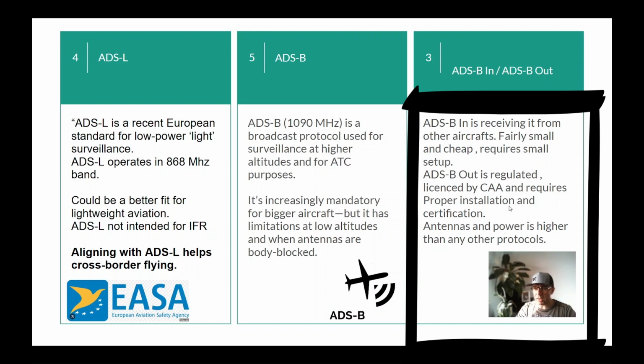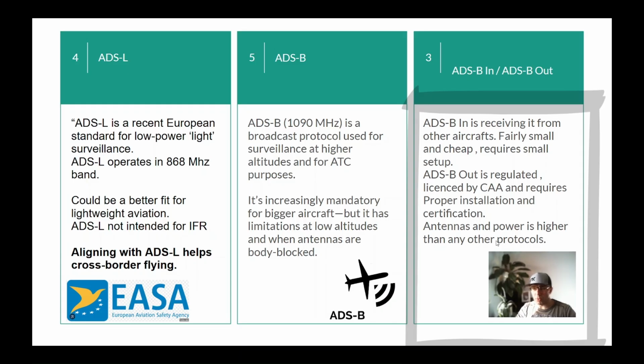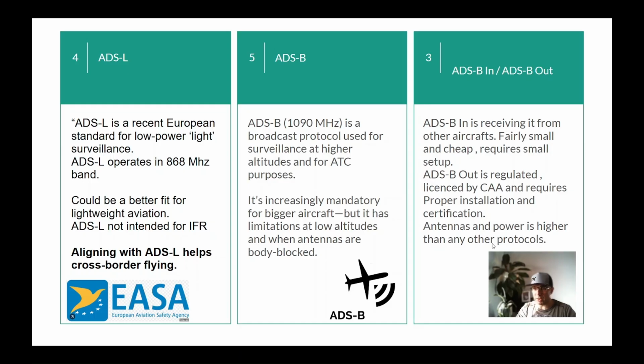It requires licensing by the CAA or other authorities, and proper installation and certification of the install. The antennas might be slightly complicated to install, smaller antennas may not be appropriate, and if they're blocked or hidden by equipment or body in our paragliding usage, then the actual usage of the whole device becomes insufficient.